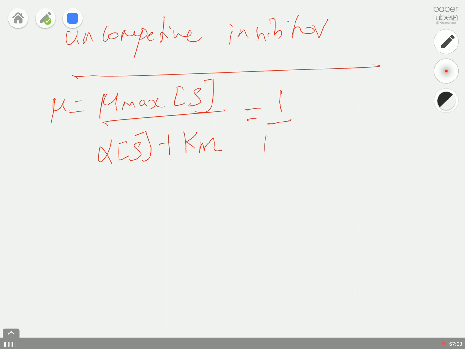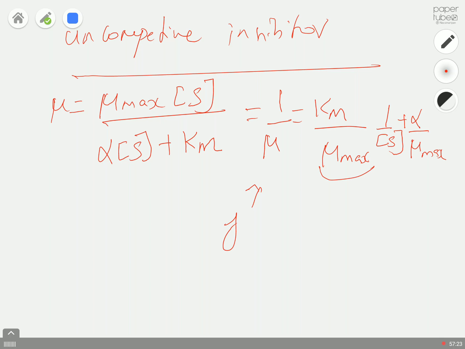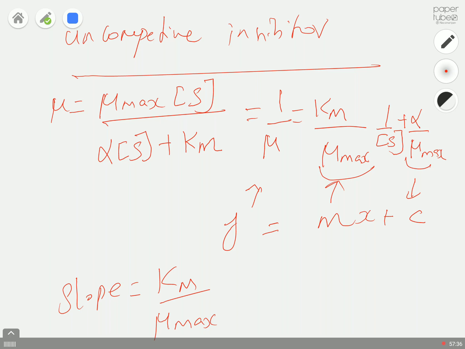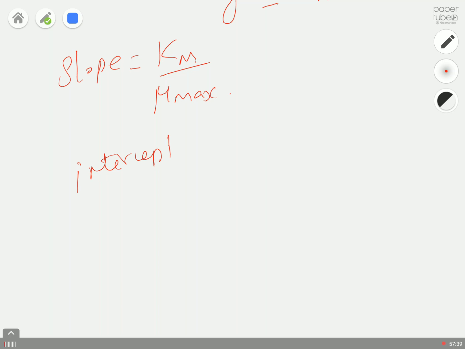You can linearize this into 1 by mu equals Km by mu max into 1 by substrate concentration plus alpha by mu max. This will be your y, this part will be your m, and this will be your intercept c, so mx plus c. So your slope will be equal to Km by mu max, and your intercept will be equal to alpha by mu max.